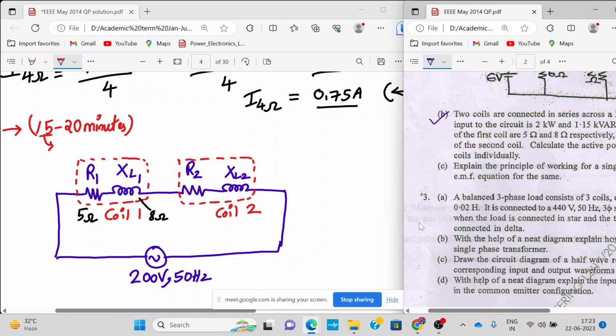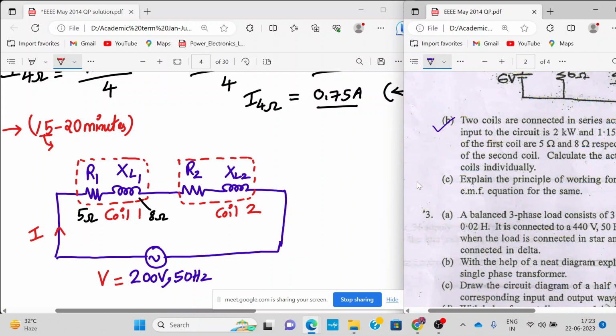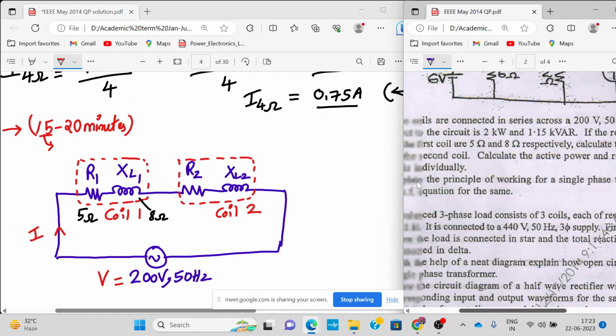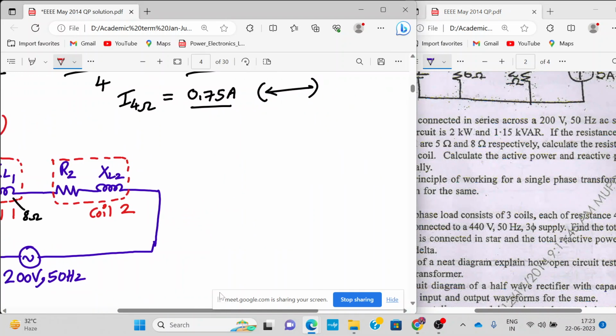If there is a voltage, let's call that voltage V, and let's call the current I. Okay. Now, can you tell me, here they have written, the power input to the circuit is 2 kilowatt. So what is 2 kilowatt? Active power.